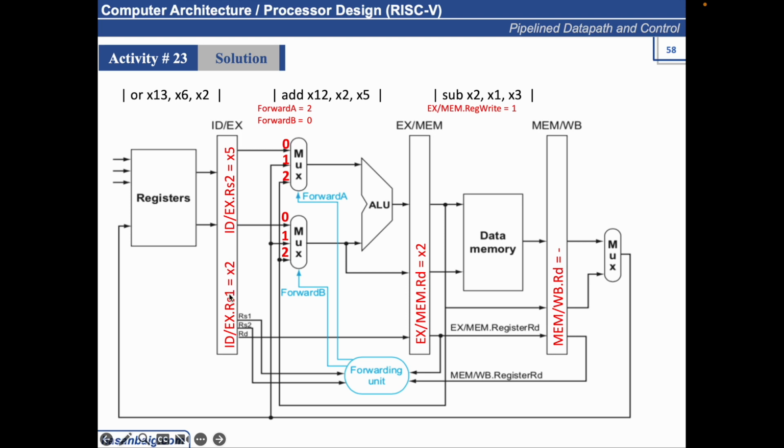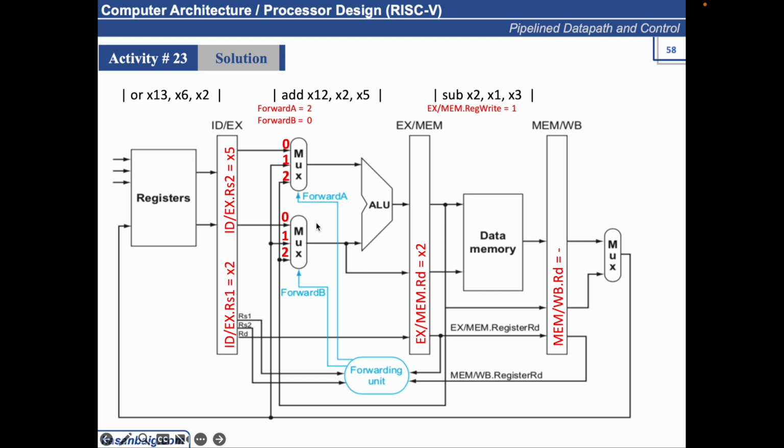In that case, the source RS1 for the ALU must come from this XMEM register, which contains the updated value of the operation x1 minus x3. It's supposed to be written in x2, but it is not written yet; it is stored in this register. So this instruction should use the data from this register and not fetch the data from the register file, which does not contain the updated value of x2.